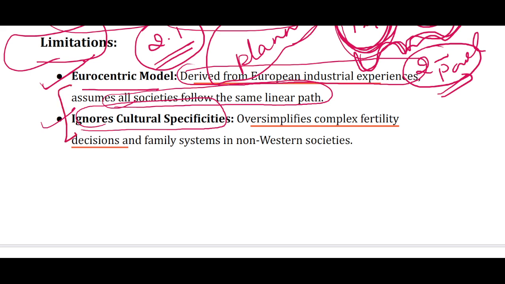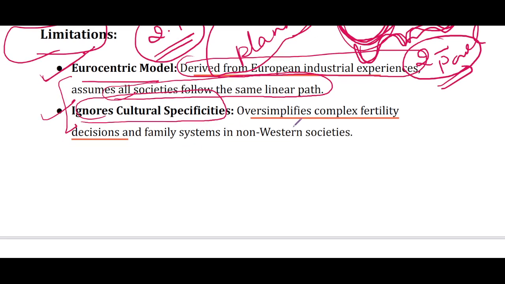Every particular culture has its own cultural specifications regarding contraceptives, fertility decisions, and family planning, which are bound to vary from other cultures. But this generalization, this oversimplification, has led to ignoring such cultural specificities.